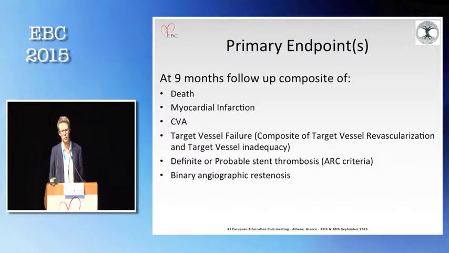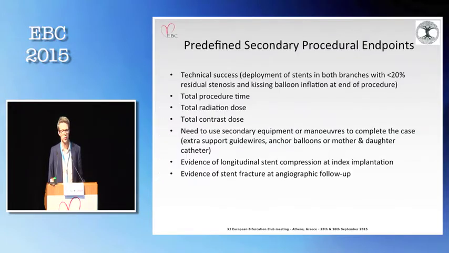So meaningful endpoints. Then secondary endpoints, some regarding technical aspects of the study, whether it is radiation dose, procedure duration, contrast dose, and of course additional maneuvers, the sort of maneuvers we increasingly have to use to ensure we execute the final kiss and so on, the use of extra support wires, anchors, mother-daughter catheters.